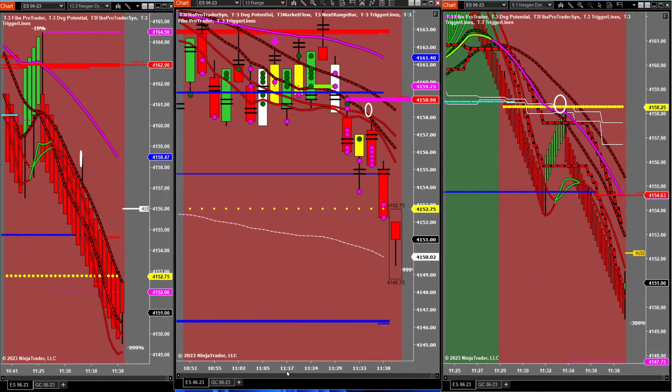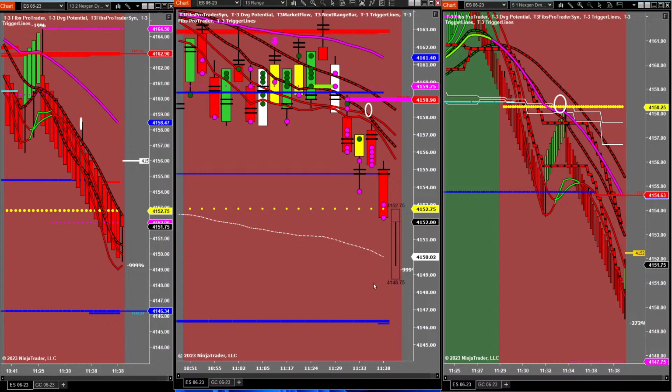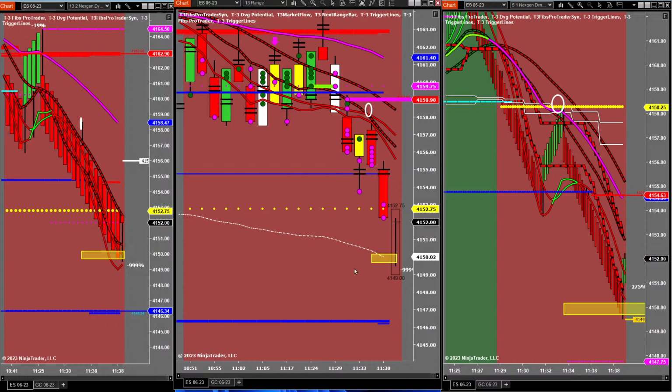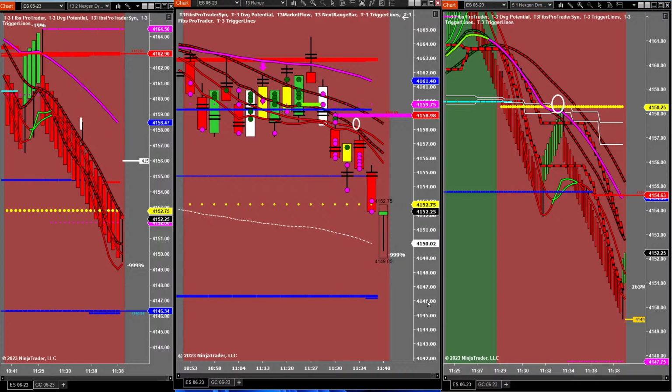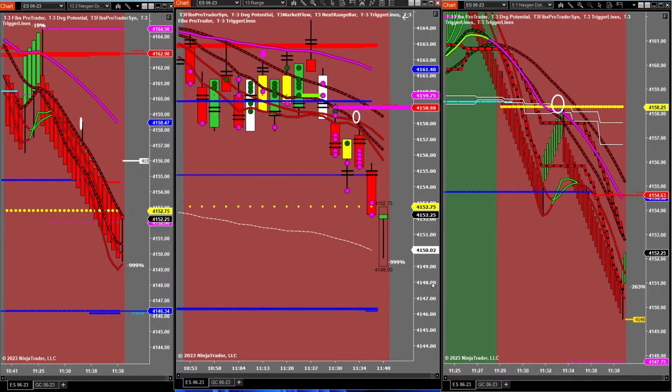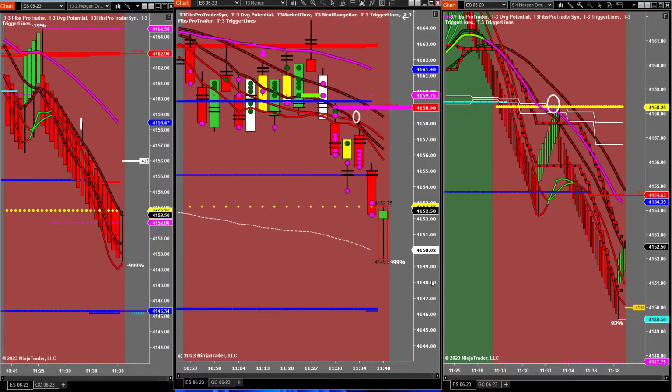And again, I'm a fan of one-to-ones and outer bands being a good target area. We usually will get a little bit of a bigger bounce off of the outer band. We'll see if it happens or not. It's a good spot for a bigger bounce. Any ideas on how high they could go without changing the trend?